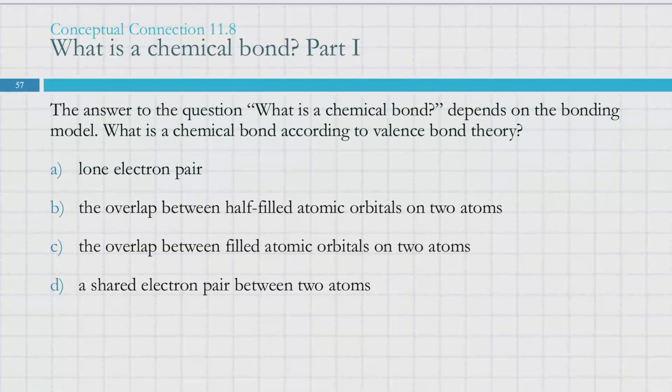Let's see if we remember what a chemical bond is. What is a chemical bond according to valence bond theory? Is it a lone electron pair? Is it the overlap between half-filled atomic orbitals on two atoms? Is it the overlap between filled atomic orbitals on two atoms? Or is it a shared electron pair between two atoms?